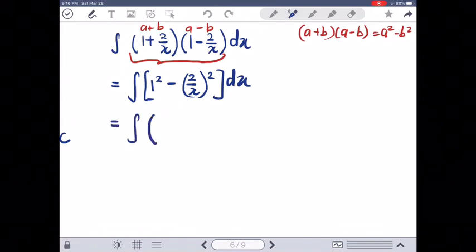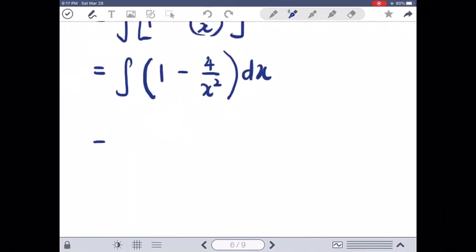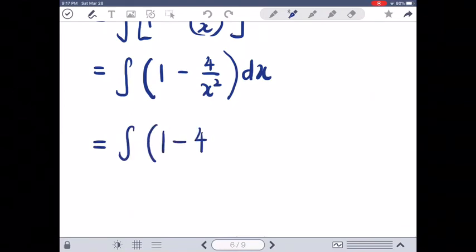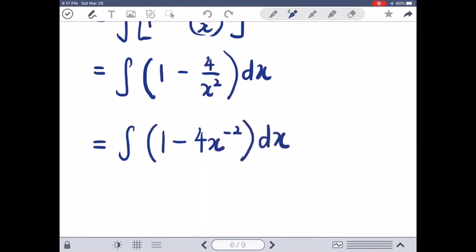So integration of 1 minus 4 over x squared with respect to x, which equals integration of 1 minus 4x to the power of negative 2 with respect to x.